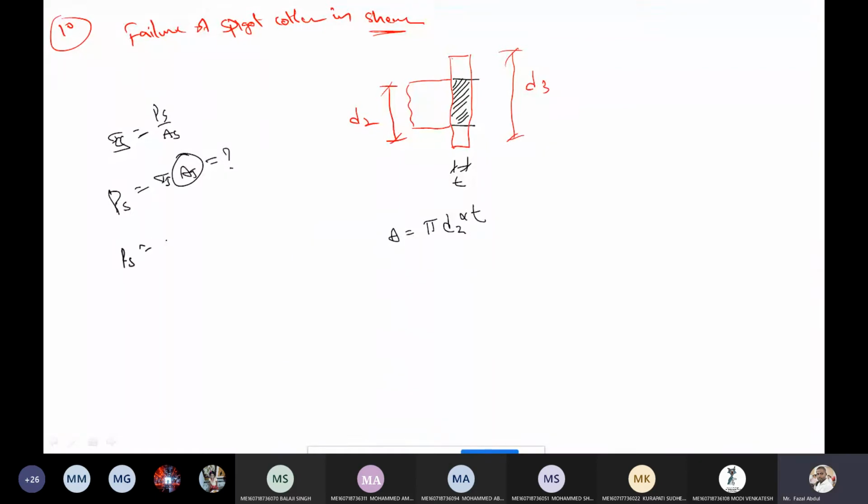Now write in this equation pi d2 into t.